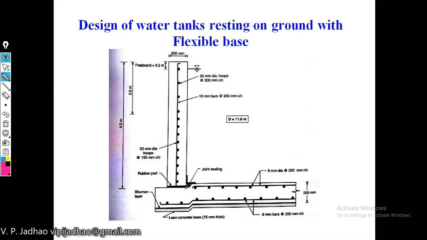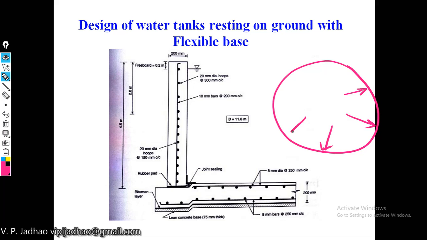As there is no direct joint between this wall and base slab, no bending moments are developed. In plan, if we see this water tank like this and it is completely filled with water, some forces will be acting on the wall like this, which will try to move the wall away and increase the diameter.